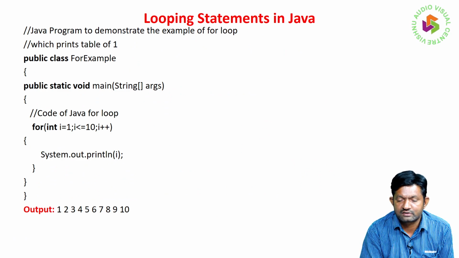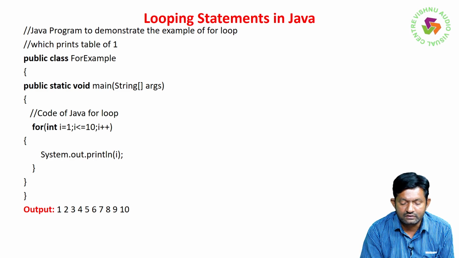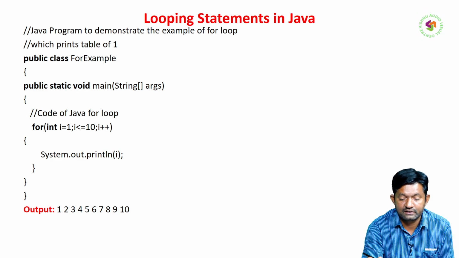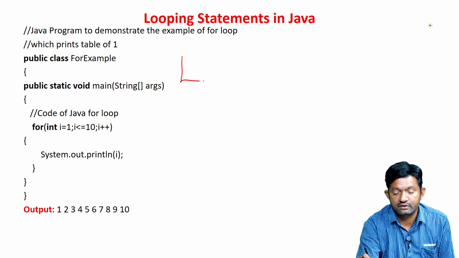Java program to demonstrate an example of the for loop, which prints a table of 1. That is, public class, for example, public static void main String args, code of the Java for loop, printing the values: System.out.println i value. Every time it is printing that. I will show you how it is executing one by one.